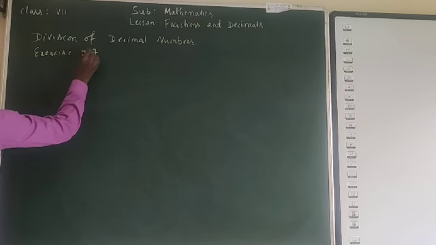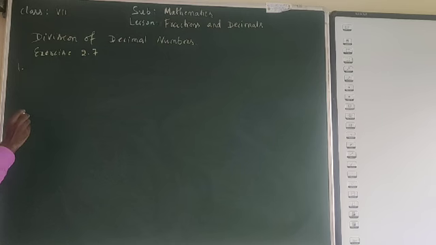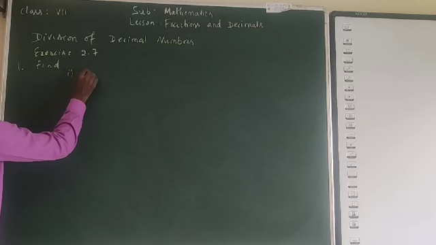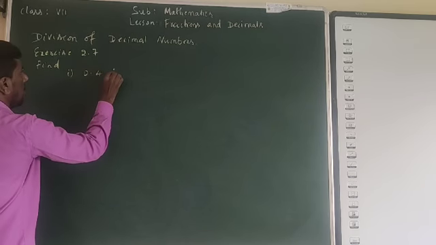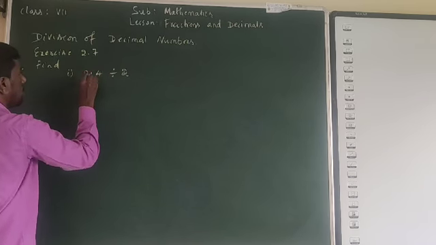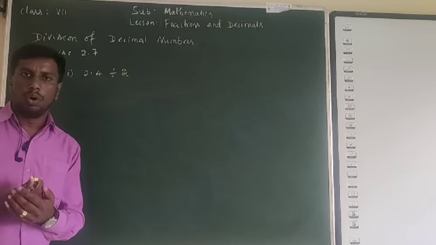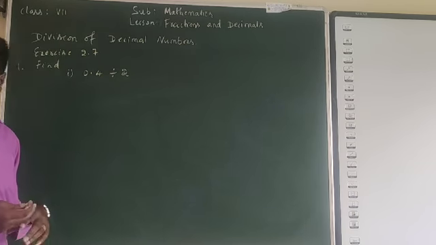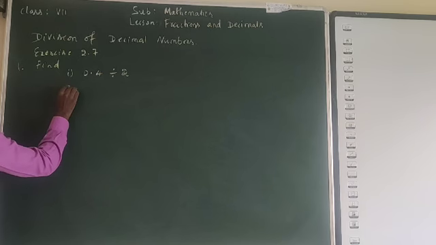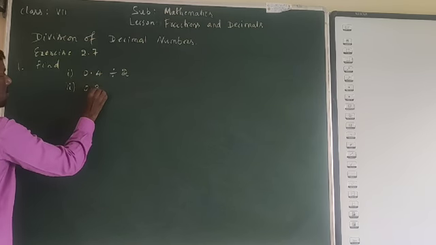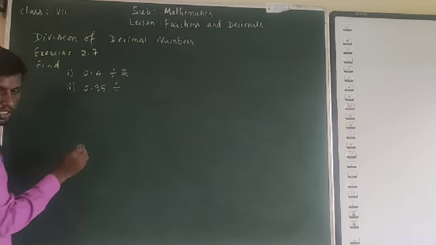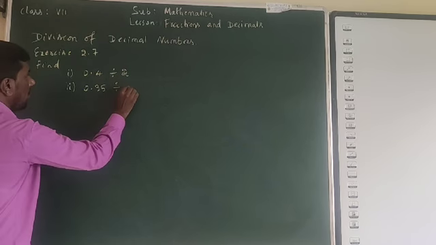Okay. First one, find 0.44 divided by 2. This is division of a decimal by a whole number. Second one, 0.35 divided by 5.